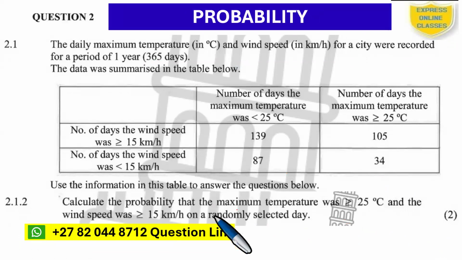Calculate the probability that the maximum temperature was greater or equal to 25 degrees Celsius and the wind speed was greater or equal to 15 kilometers per hour on a randomly selected day, for 2 marks.